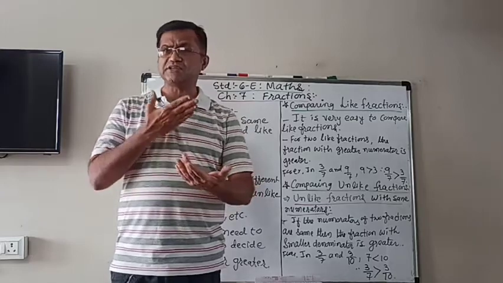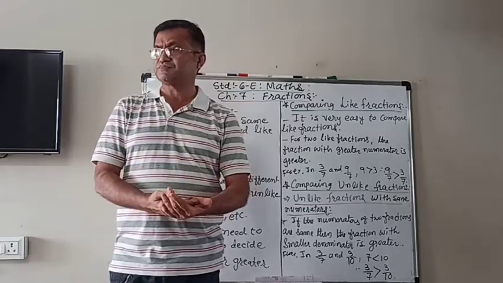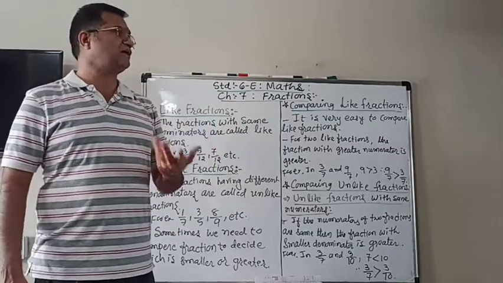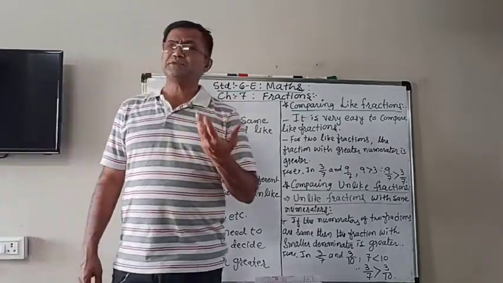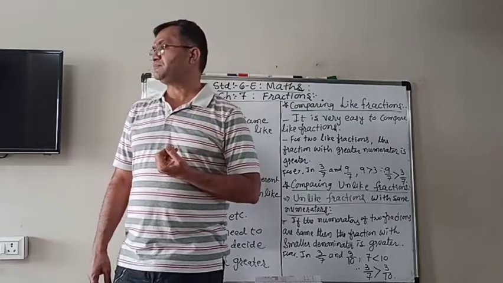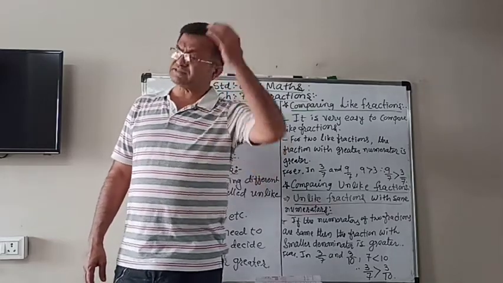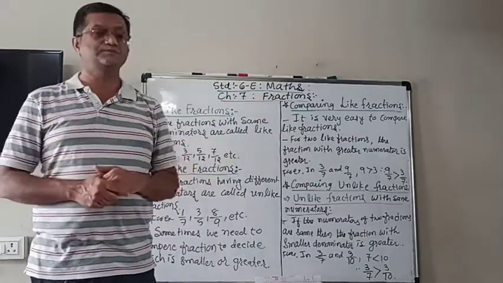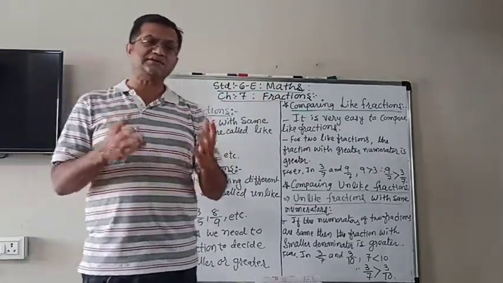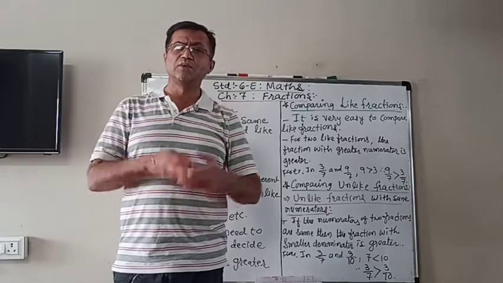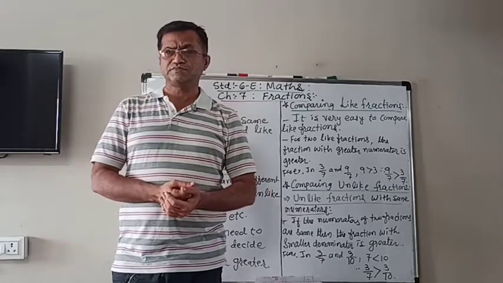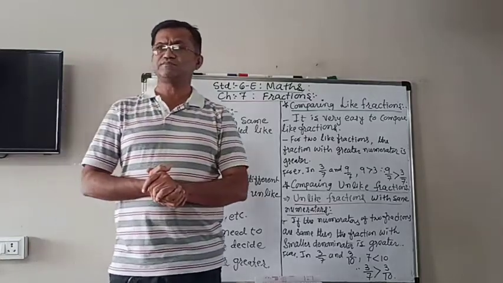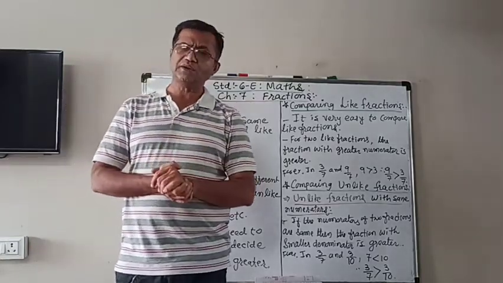Like fractions means the fractions having same denominator, in which we know that if denominators are equal, then the numerators are such that the part taken from the whole. It means that if you take more parts, the fraction is bigger. If you take less parts, fraction is smaller.